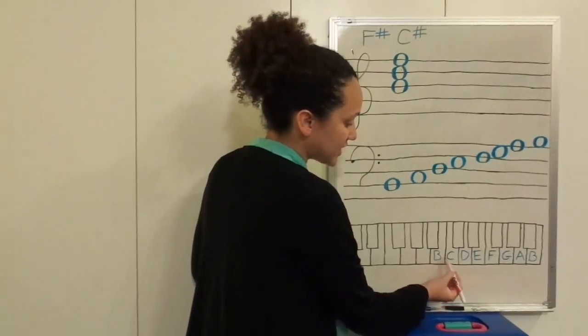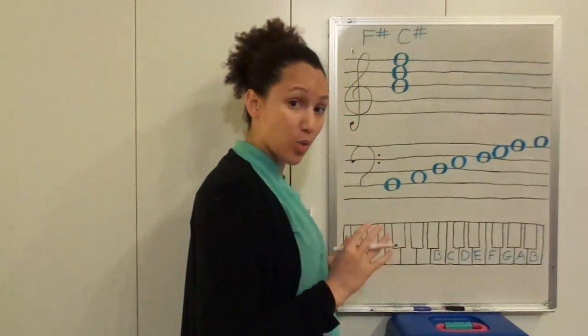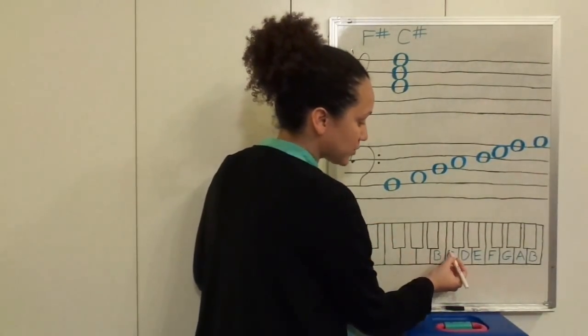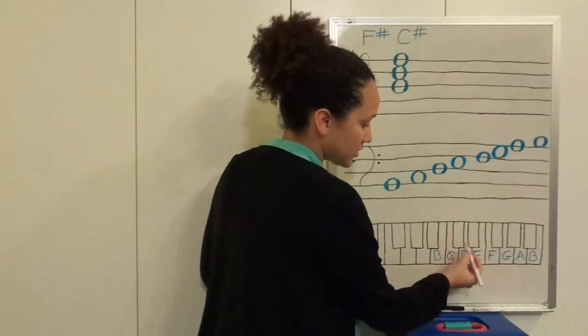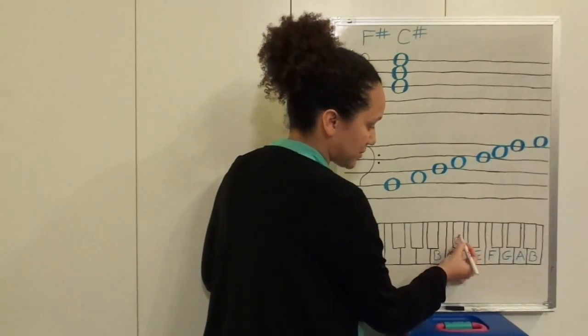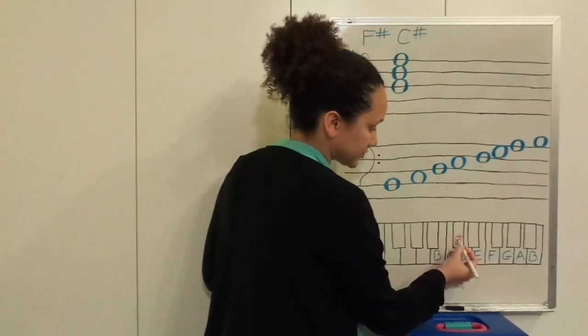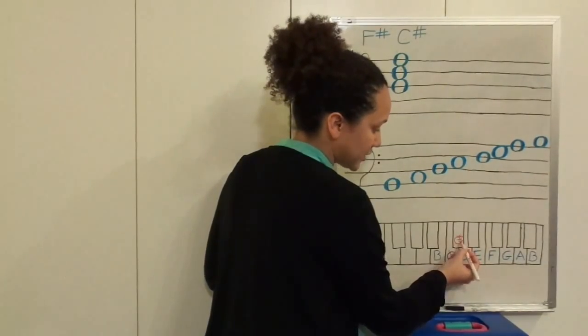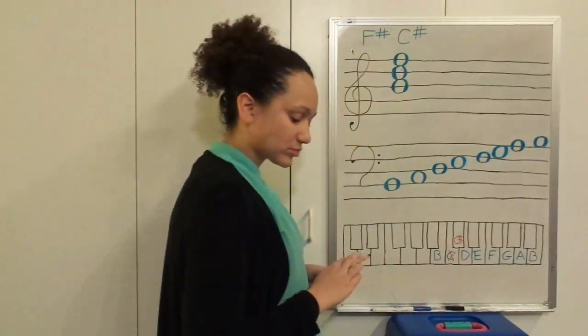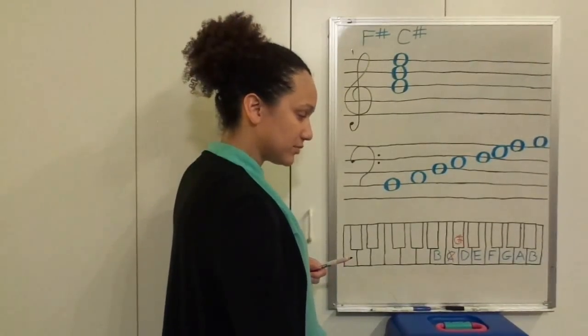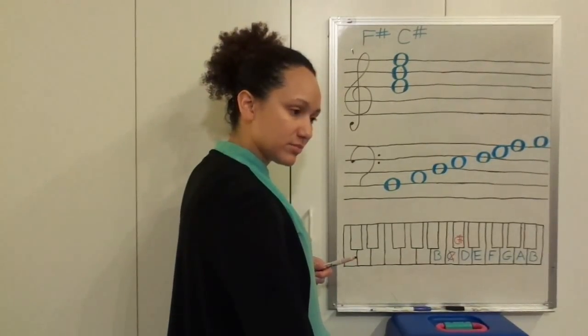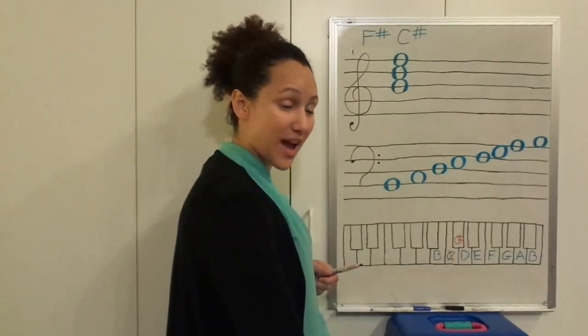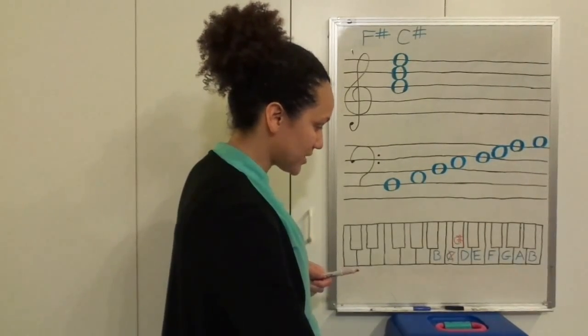This is a half step, but we want to start out with a whole step. So again, we're going to cross out the note and raise it by the accidental to the black note or the sharp. Now we have our minor sound.